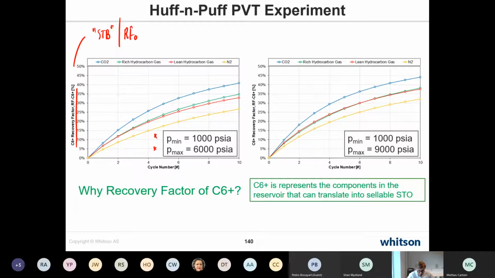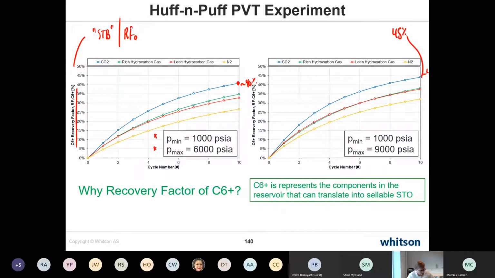And as we see, in terms of pressure, if we increase the maximum pressure, the recovery factor, or if we take this example right here, here's around 40%, while here it's around 45% right here.